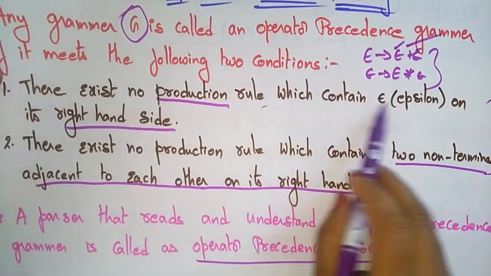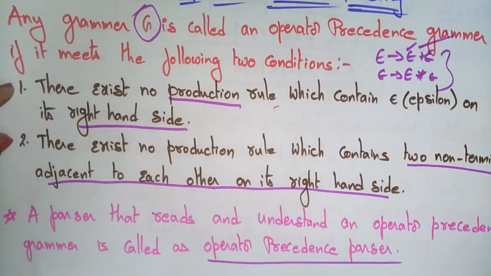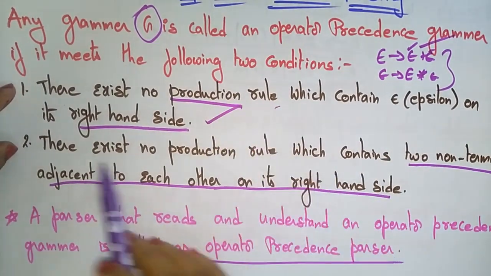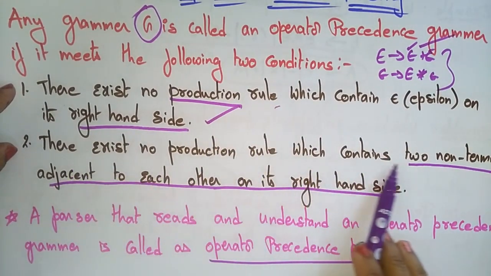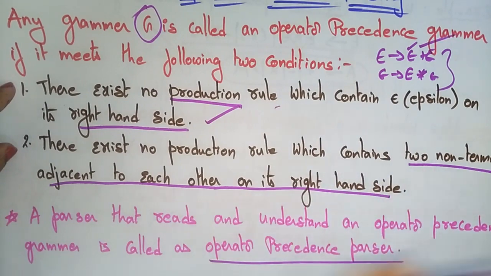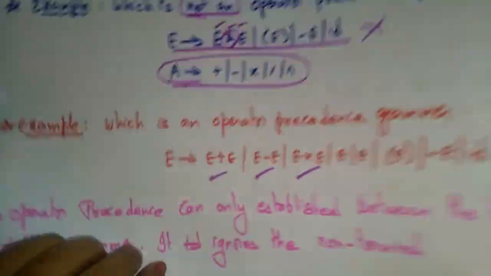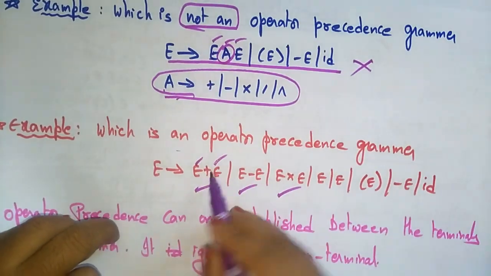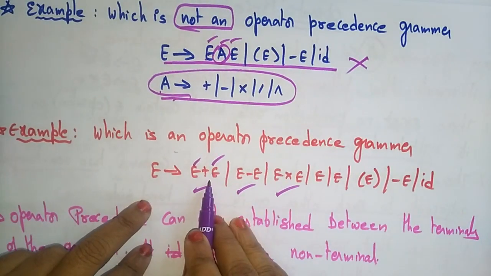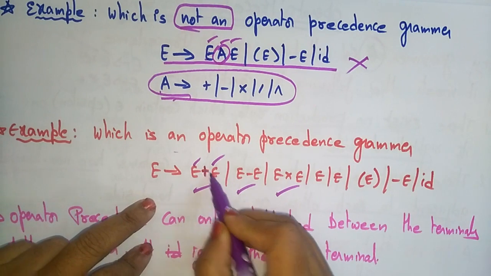Condition 1 has to be followed: no production rule contains epsilon on the right hand side. And there exists no production rule which contains two non-terminals adjacent to each other. Here these are the non-terminals, and they are not adjacent because in between there is a terminal.